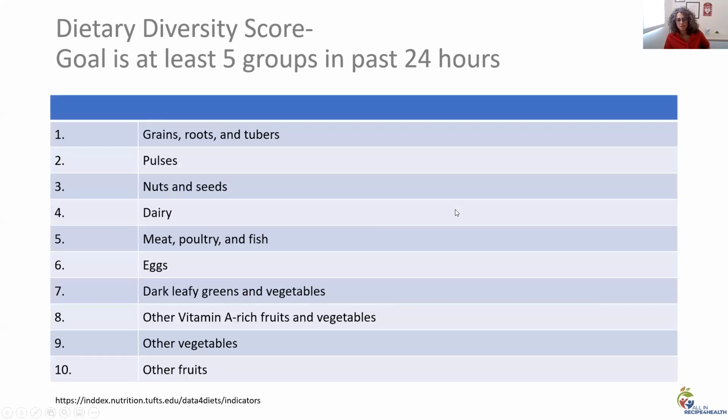If you go to the next page, they have it here as 10, but in my brain, I don't have the other vegetables, other fruits, or other vitamin A rich fruits. I have the first 7, basically. So I will assess for grains, pulses, nuts, dairy, meat, poultry, and fish.